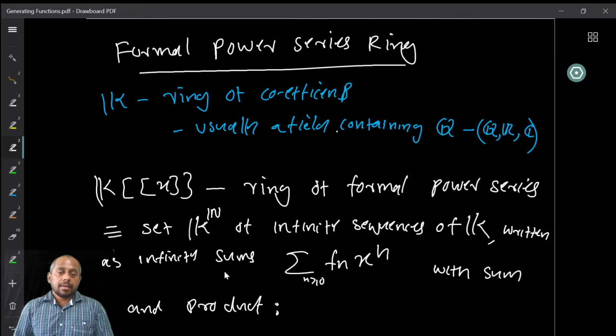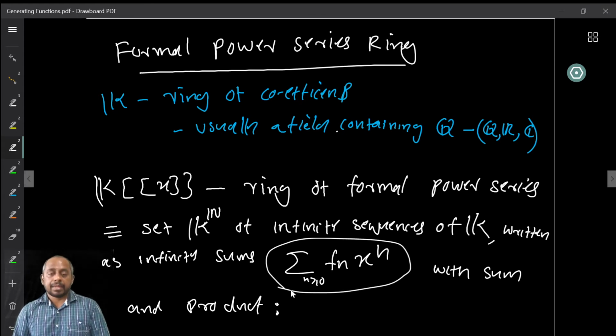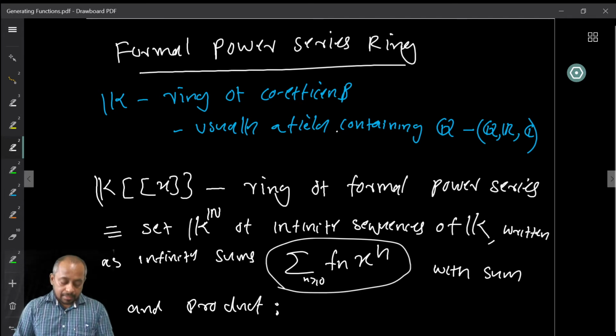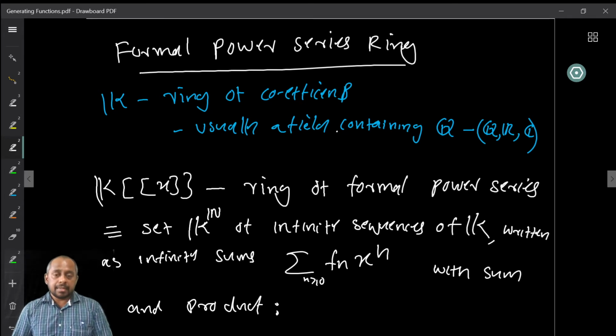Usually what we want for our algebraic purposes is just the infinite sequences of K, but we can equally represent it as the infinite sums f_n x raised to n, which is basically separating out the coefficient, because what we know about power series is that two power series are equal if and only if their corresponding coefficients are equal. The coefficient of x raised to n for every n is going to be the same. So in that case they are equal.